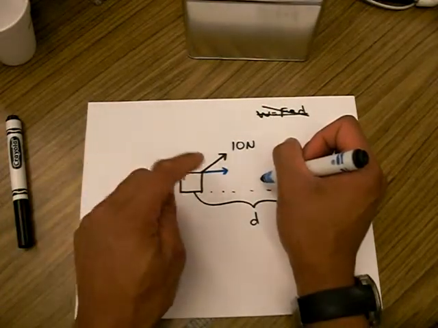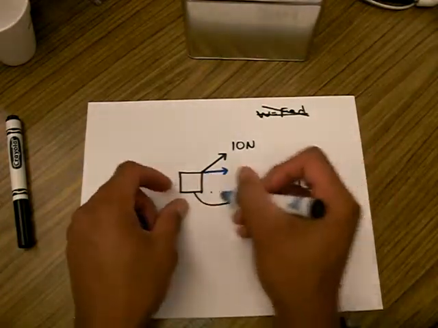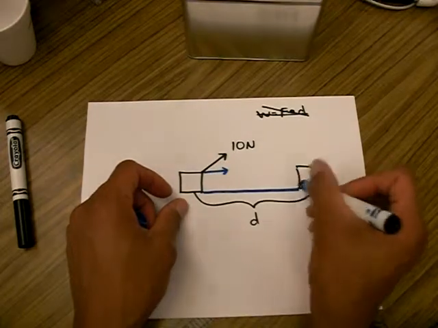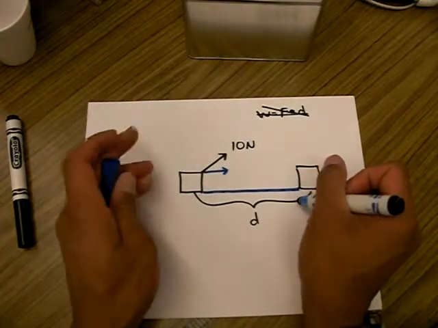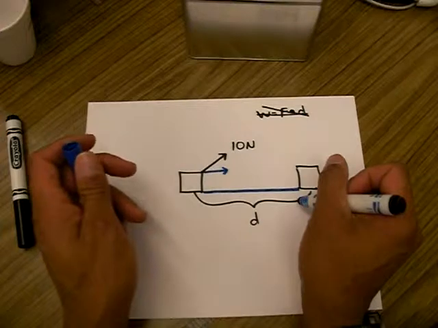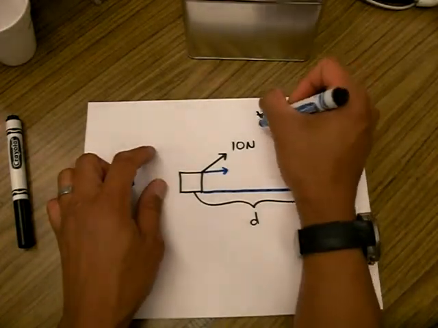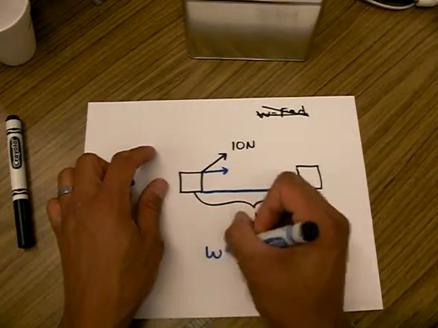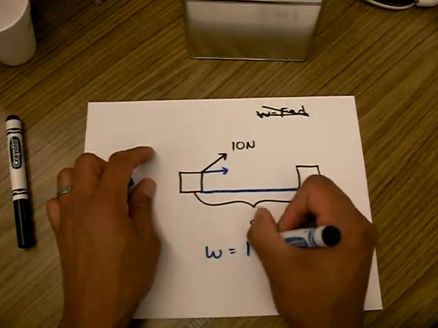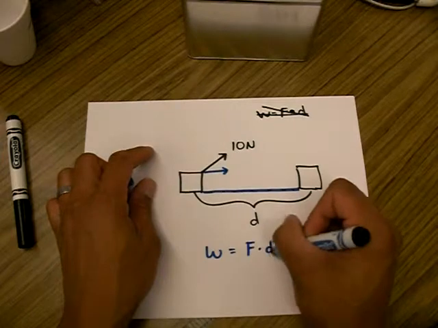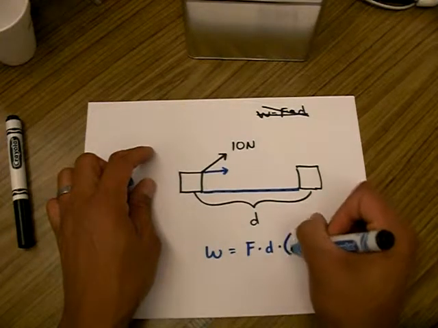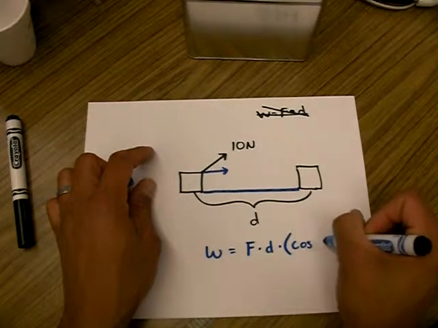We need to incorporate this part of the force over this distance in order to determine how much work is done. So let's put a little trigonometry in here, and we realize that what we're going to find out instead is that work is equal to force times distance times cosine theta.